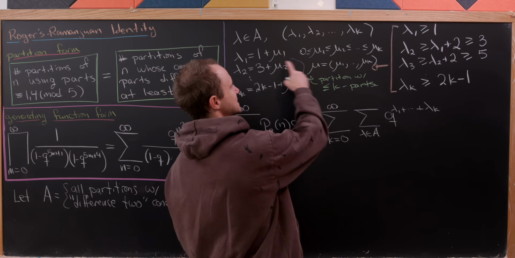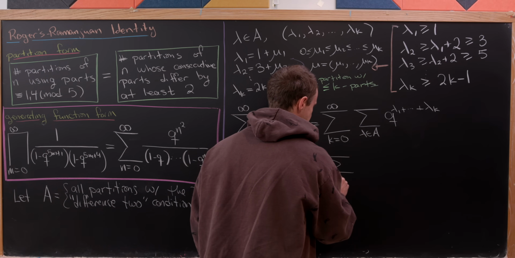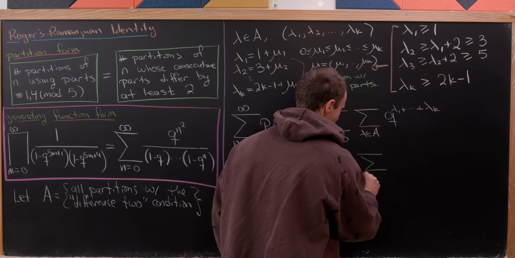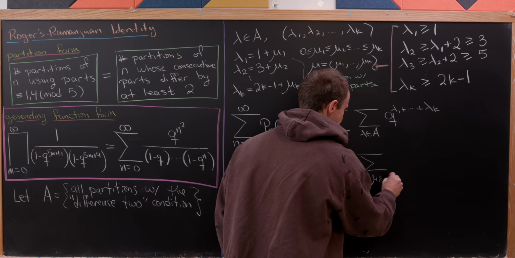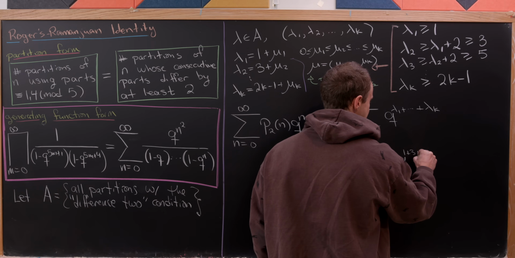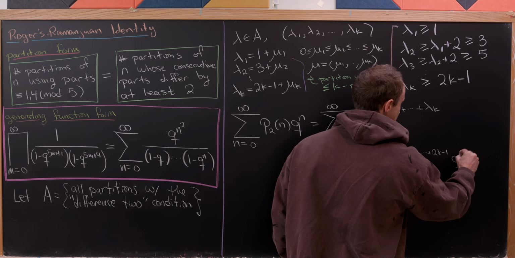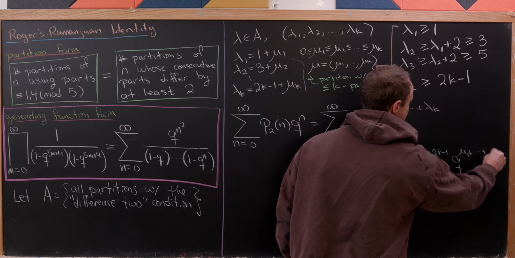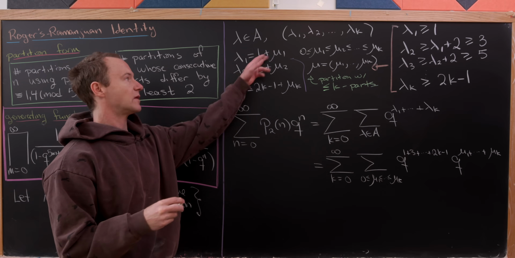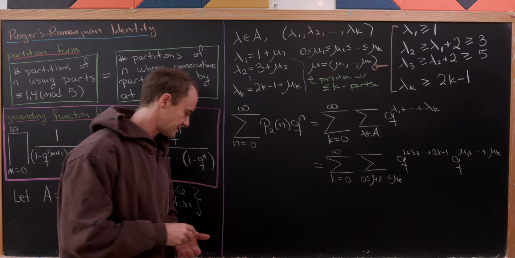But now, using this little calculation exploration that we had over here, this is equal to the sum as k goes from 0 to infinity, and then the sum over these mu 1s up to mu k's of q to the 1 plus 3 all the way up to 2k minus 1 times q to the mu 1 added up to mu k. So that's just replacing the lambda 1 with 1 plus mu 1, the lambda 2 with 3 plus mu 2, and so on and so forth.